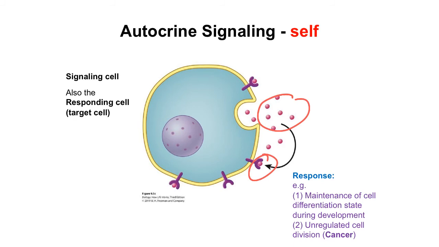And it's important to emphasize at this point that signaling molecules don't always involve causing cell growth. It can also cause inhibition of growth, or even a change in the growth pattern called cell differentiation. So this particular type of signaling, or self-signaling, or autocrine, that's what this auto means, self, can, for example, be involved in the maintenance of a differentiation state during development.